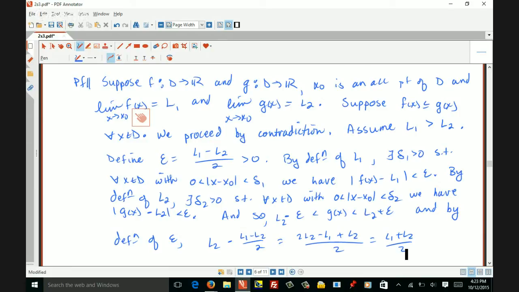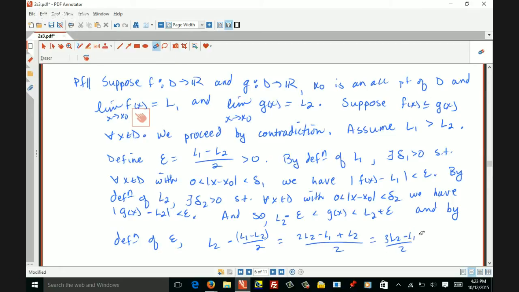Which is between L1 and L2, right? It's the other one I need. No, that should be a negative 2L2 minus L1. No, I want to get the average. I want an L1 plus an L2. So I actually did the wrong one.